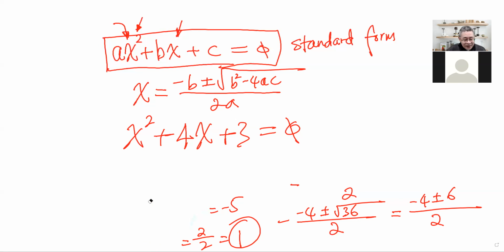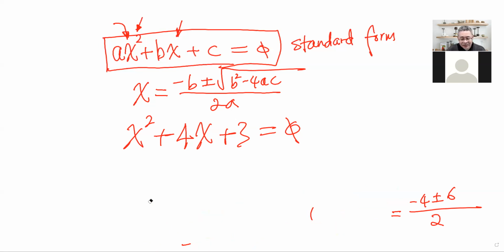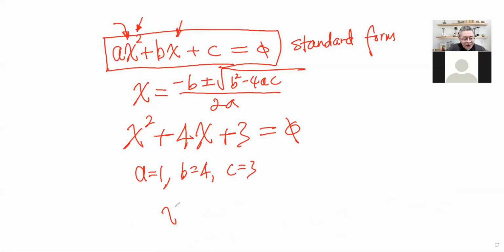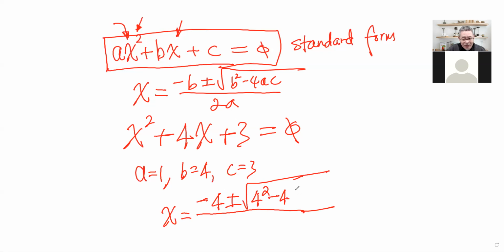What is our a? 1. b? 4. c? 3. Very good. Well, according to our formula, x is equal to negative b, so it's negative 4, right? Plus minus the square root of 4 squared and minus 4 times a, which is 1, times c, which is 3, right?